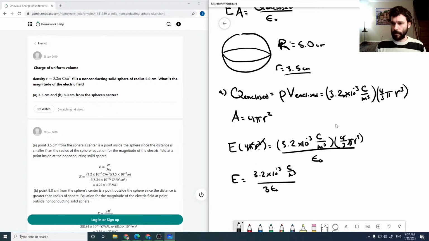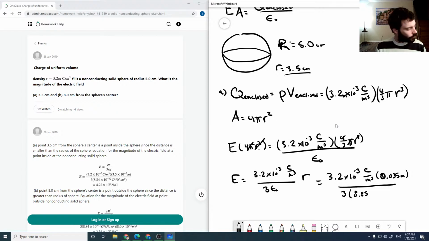And we can get rid of R squared, and this drops down to just R. So then we can plug in our R value, which is 0.035 meters over 3 times our E naught, which is 8.8542 times 10 to the minus 12 coulomb squared per newton meter squared.